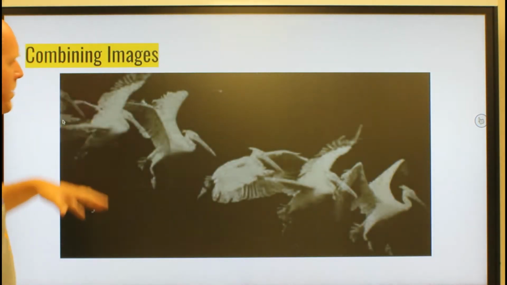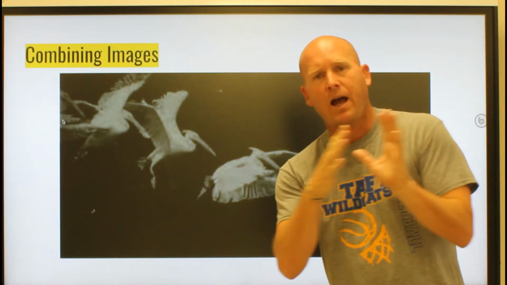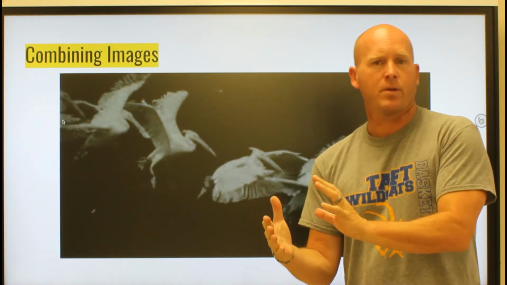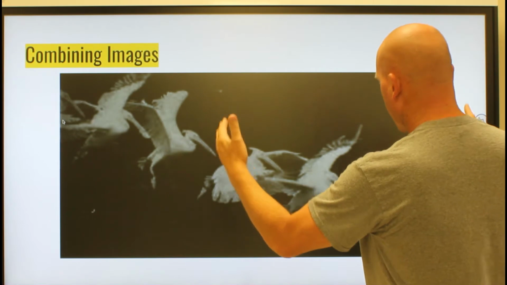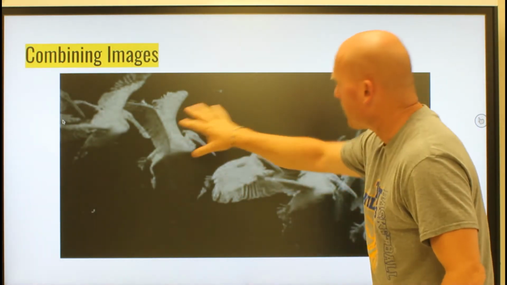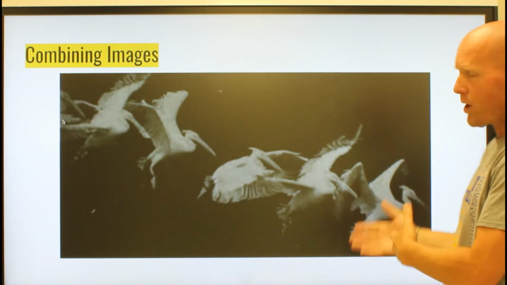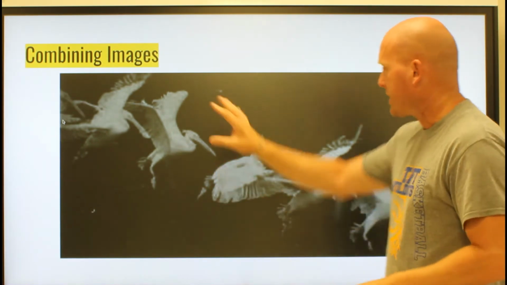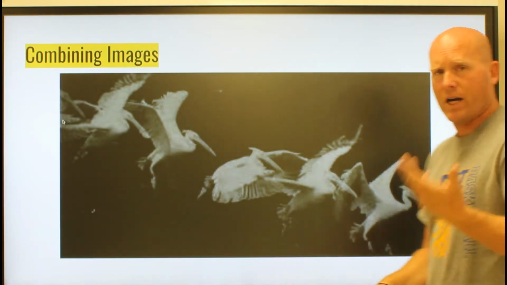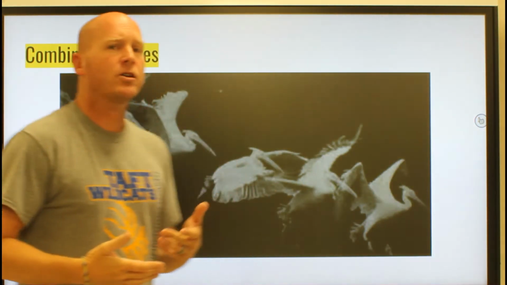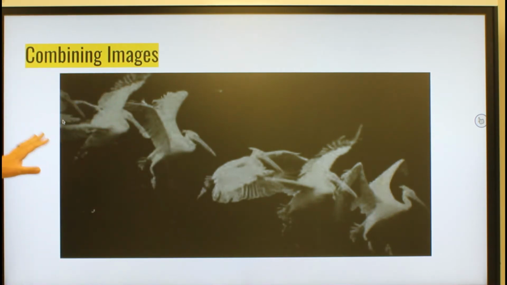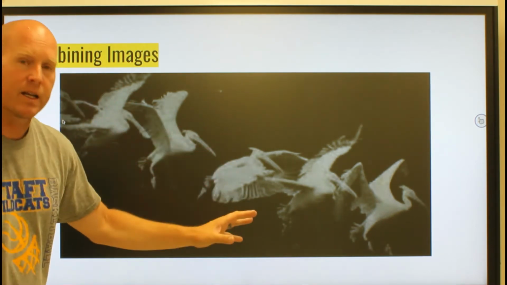We also have combining, where in just one photo, they show you the entire transition of whatever the motion was. I can look at this one photo, and it appears to me as if this bird was flying and is getting ready to land. So I can come up with an interpretation of what motion this is just based on what I'm seeing in the diagram.